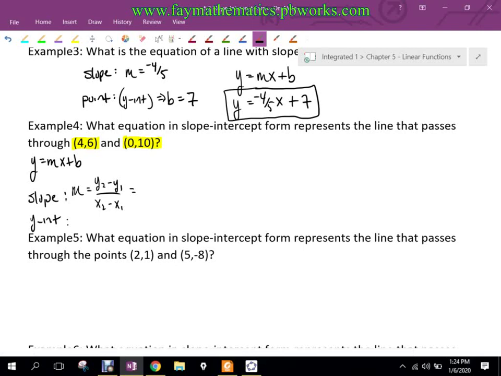Okay? So I'm going to subtract my y. So I'm going to go 10 minus 6. What's 10 minus 6? Okay, so 10 minus 6 gives me 4 up top. Okay, now I'm going to go 0 minus 4, right? Does that give me -4 on the bottom? What's 4 divided by -4?